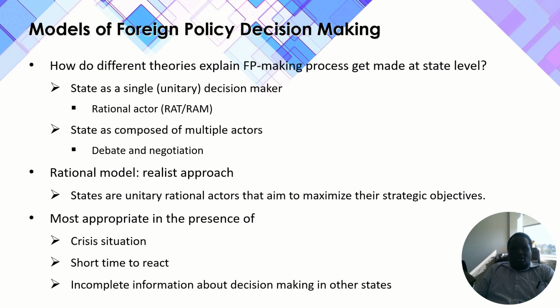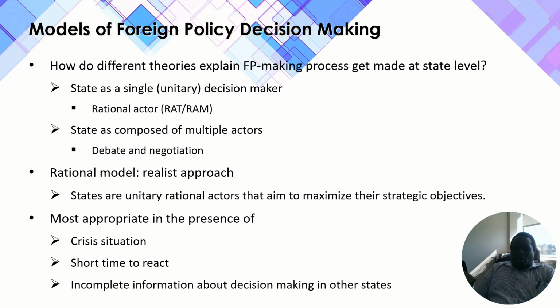How do states make decisions about their relations with other states? And so there's quite a number of models of foreign policy decision making. For example, there are those models that see the state as a unitary actor. Actually, realism does that.